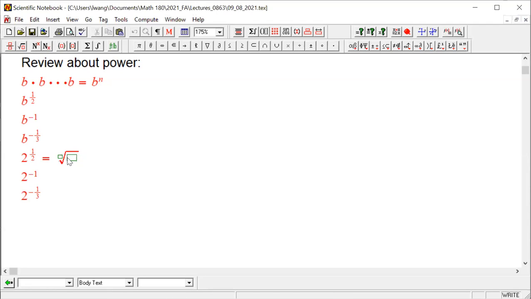On this fraction, there's a numerator. The numerator goes here. The denominator 2 goes there. And by default, of course, this is just square root of 2. So square root of 2 has a new way of expressing it.